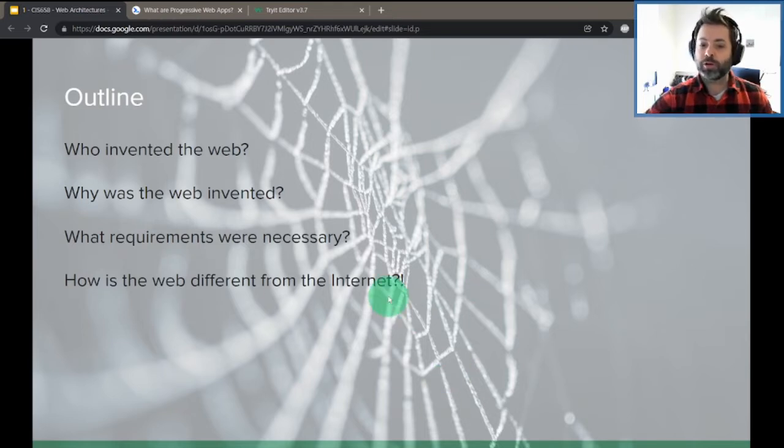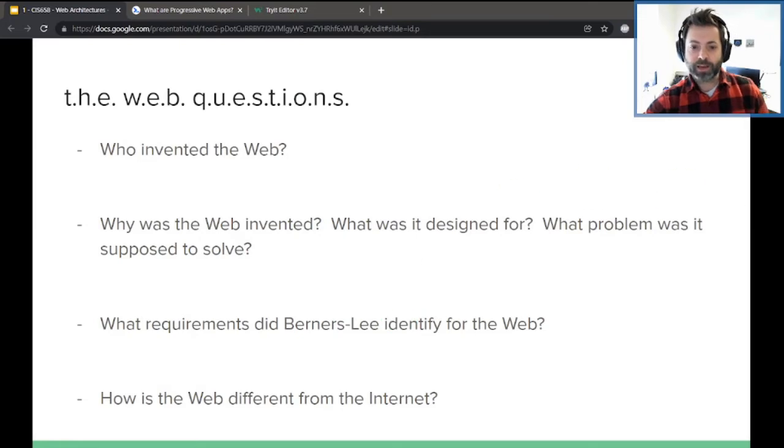As we are going, I'd like you to think about these questions that you see up here. Now, in Blackboard, I've got a few articles for you to read, a video on progressive web apps and things of that nature. But as you are going through the original proposal for the web, I'd like you to think about why we need it. Because that's a big question. We have all this great technology.